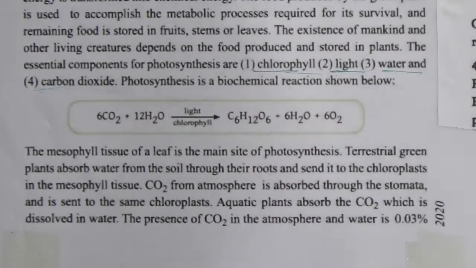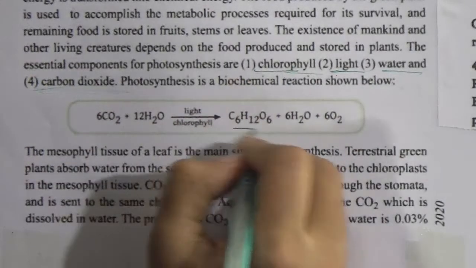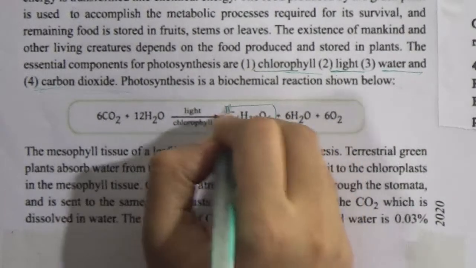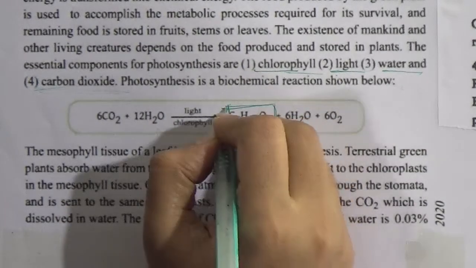The main product here is the glucose. Everything is occurring here for making the glucose.